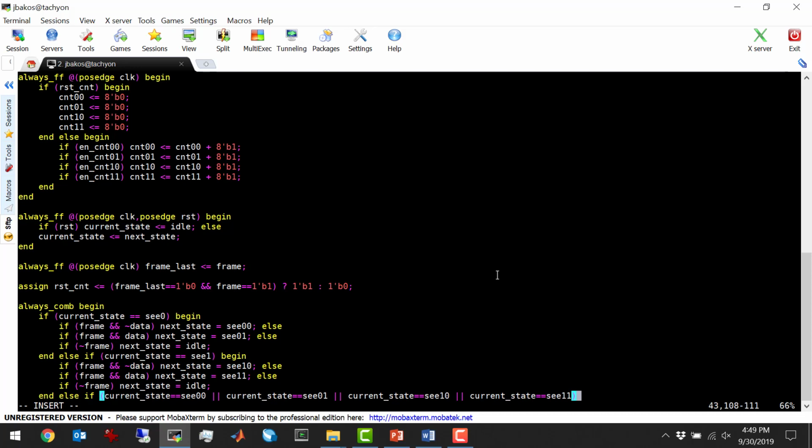Now you might say, wait a second, how can you treat all those states the same? I mean, you're doing different stuff. You're incrementing a different counter depending on which state you're in. Yes, but that's part of the output logic. I'm not doing output logic. This is the next state logic. As far as the next state logic is concerned, it doesn't matter which of those states I'm in. At least I don't think so. We'll see.